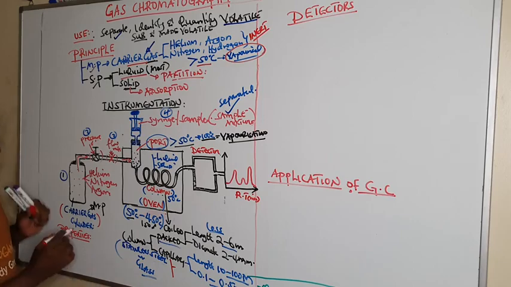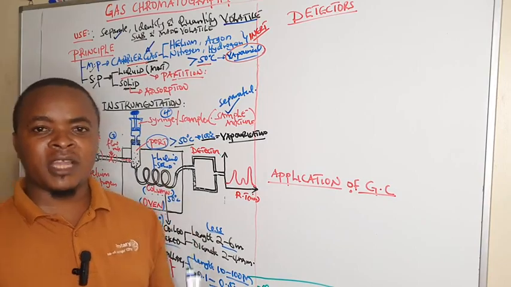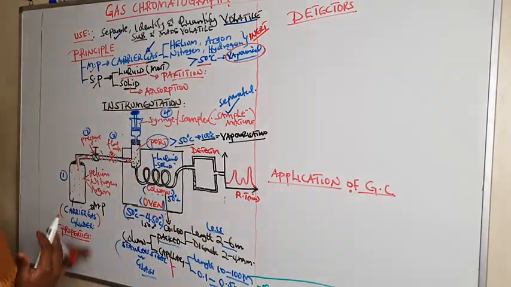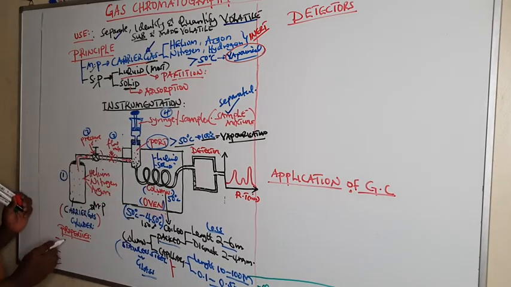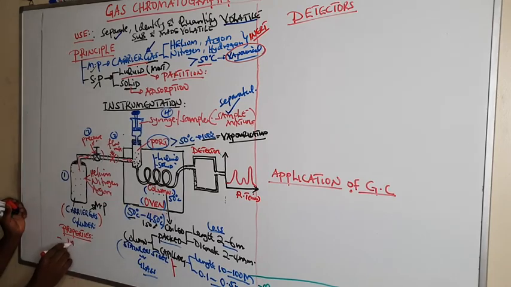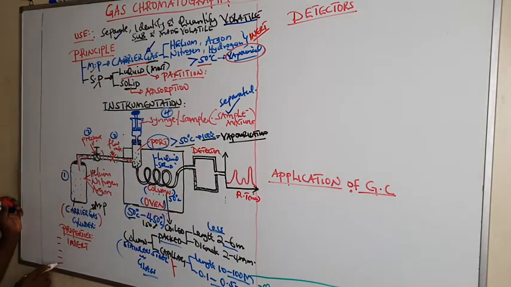So after understanding the carrier gas, we said what the properties of the carrier gas are. Why we choose helium, nitrogen, and argon is that one, it must be inert, that is non-reactive to the stationary phase. It should have high density.